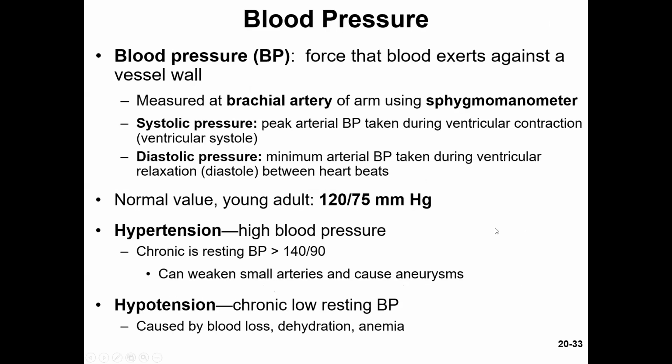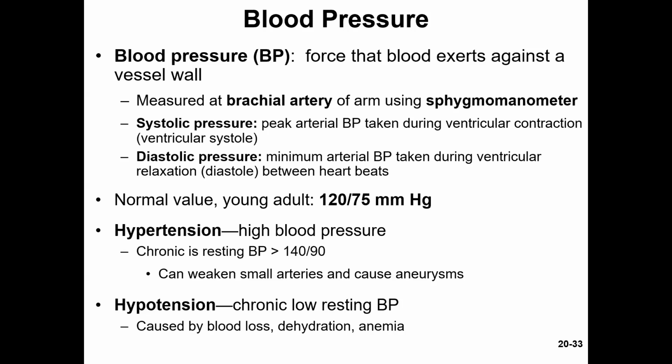So blood pressure is the force that blood exerts against a vessel wall. It's measured at the brachial artery of the arm using a sphygmomanometer. It's measured in 2 numbers, as we know. The systolic pressure is the peak arterial blood pressure taken during ventricular contraction.